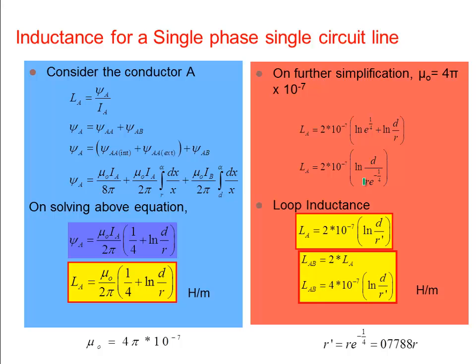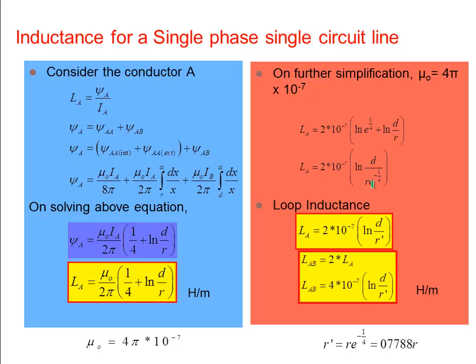Because of skin effect, the current does not flow over all parts of the cross section of the conductor; it concentrates on the outermost part. Because of that, the radius of the conductor on AC supply reduces. That's why we put R e to the power minus 1 by 4.